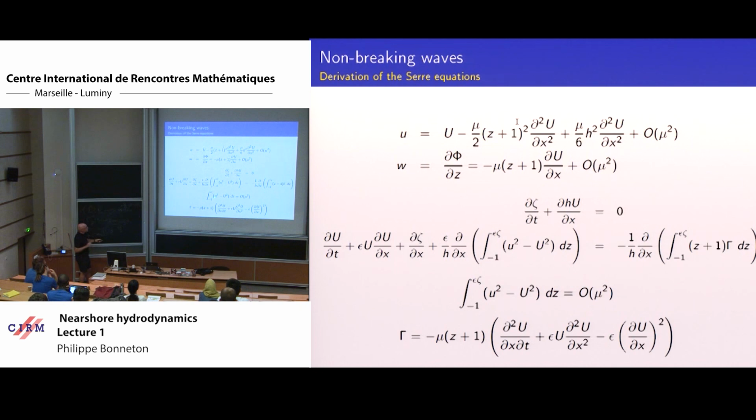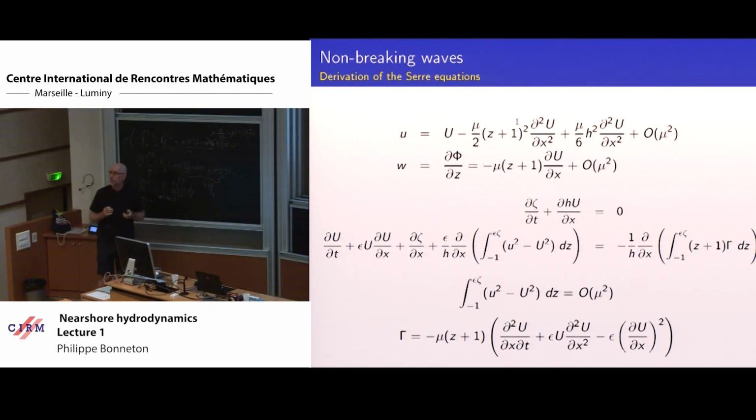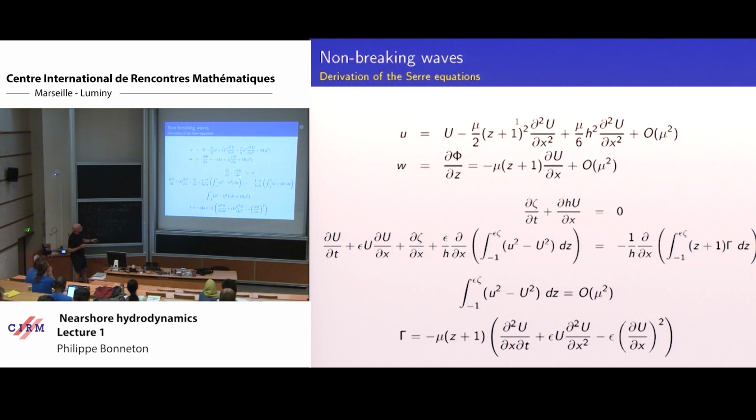And for instance, it's straightforward to see that under this approximation, with a small mu parameter, the term of the variability over the vertical is of order O(mu square), so we can neglect this term. And you remember this term is related to gamma, the vertical acceleration.